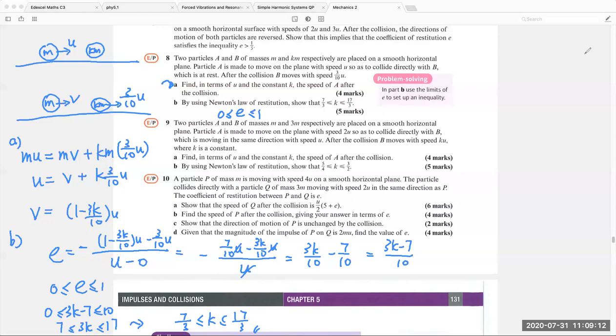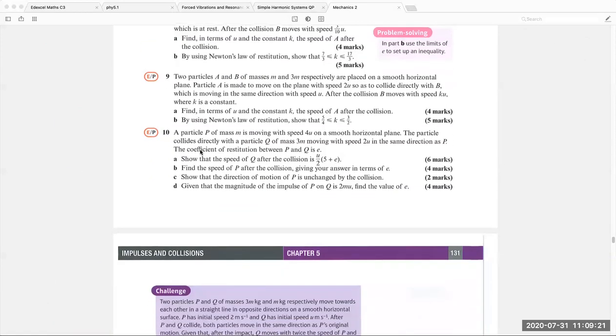If it's okay, then let's have a look at question 9. Same, you need to draw the graph first, okay? M and 3M. A is moving with the speed 2u.